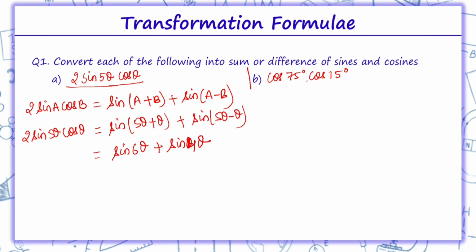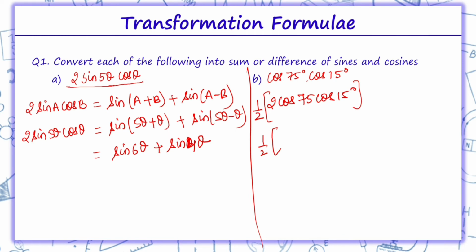Next is cos 75 degrees cos 15 degrees. Now we have formulas in terms of 2, so I write 2 cos 75 cos 15 and multiply here by 1 by 2. Now applying the identity, 2 cos A cos B will be written as cos(A plus B) plus cos(A minus B).